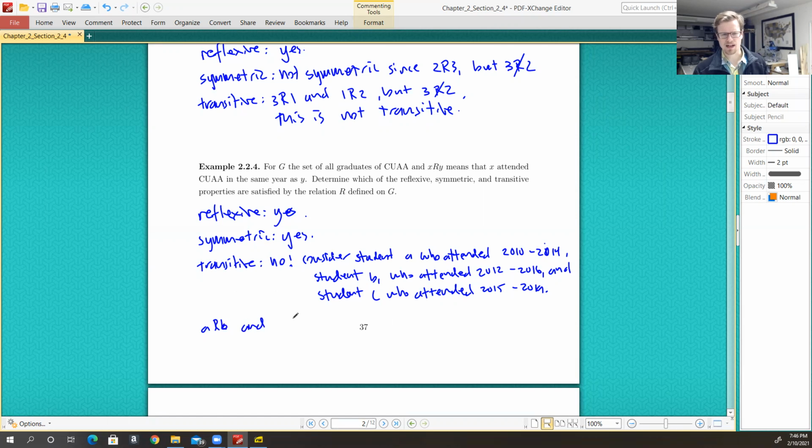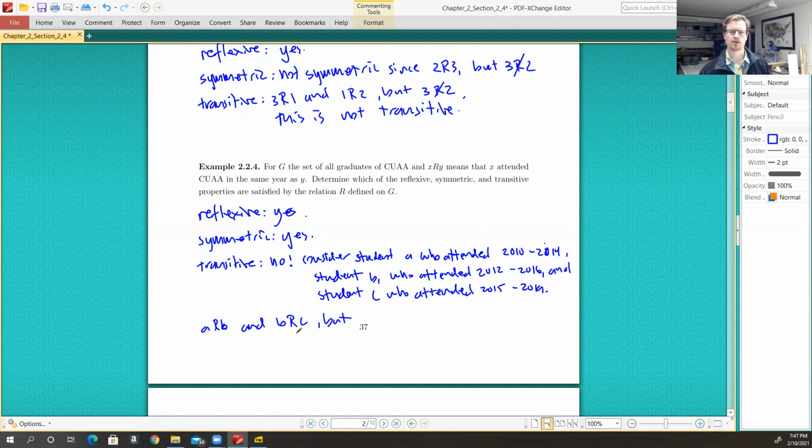And student B is related to student C because they both attended in 2015 and 2016. But there's no overlap between students A and C. Student A graduated in 2014, and student C did not even begin until the next year.